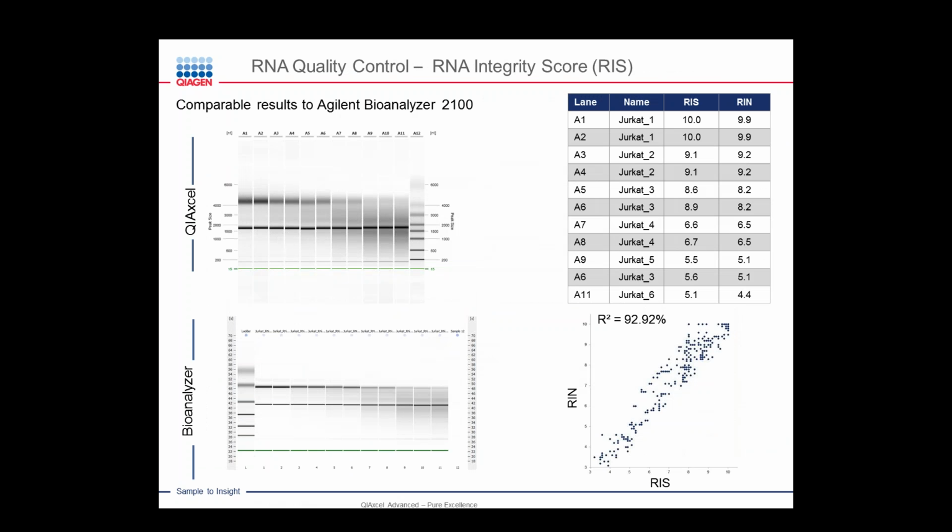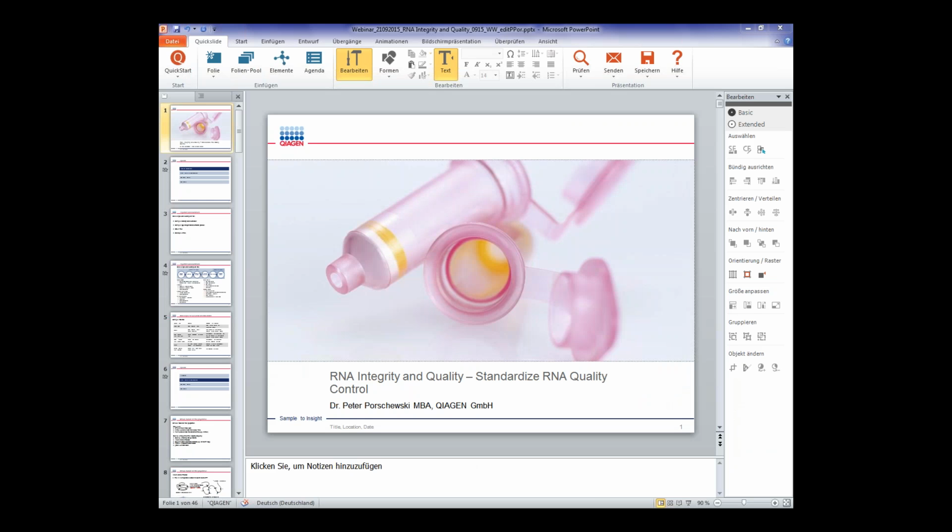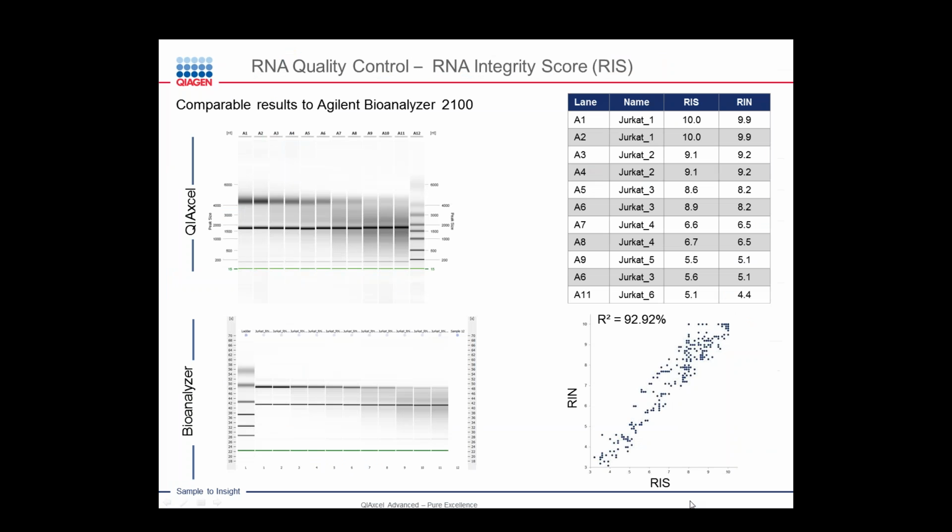In this slide you can see a direct comparison between the QIAxcel and the Agilent bioanalyzer. Total RNA from Jurkat cells was extracted, with decreasing integrity levels.